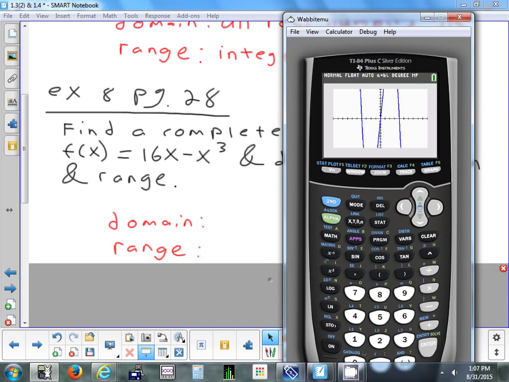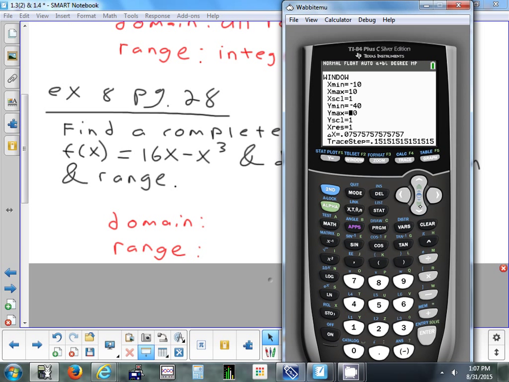Y. Yeah, I'm not seeing high and low enough. Okay, so let's try negative 40 to 40. And if that's still not good, we'll zoom out a little more. No, that's a good window.